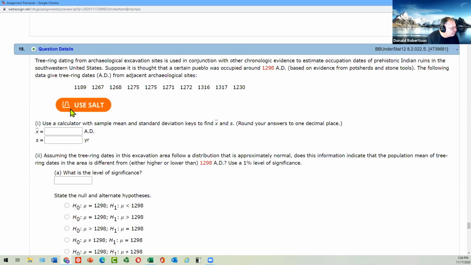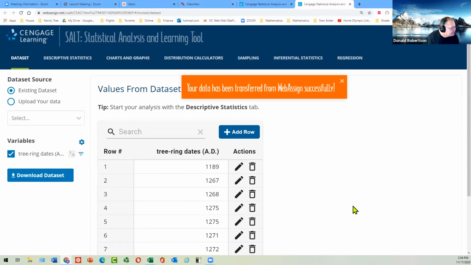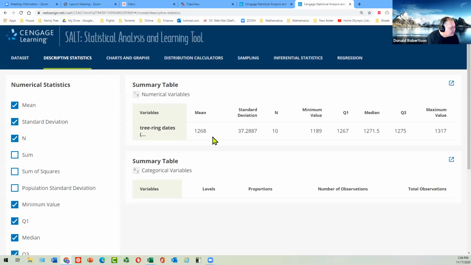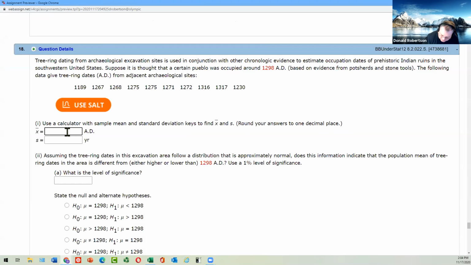So we're going to use SALT to get the mean and standard deviation. Here's the data. 1268, I'll move it out of the way. 1268, the standard deviation for that sample was 37.2, oh, 1 decimal place, so 37.3.